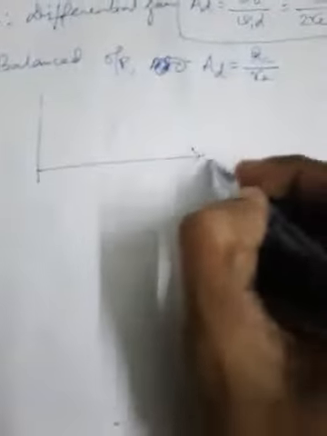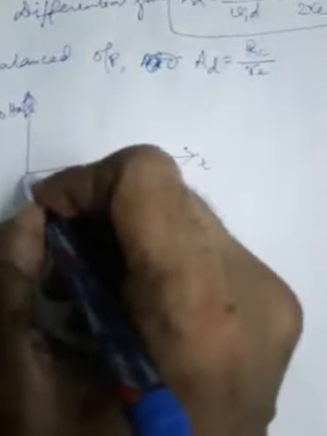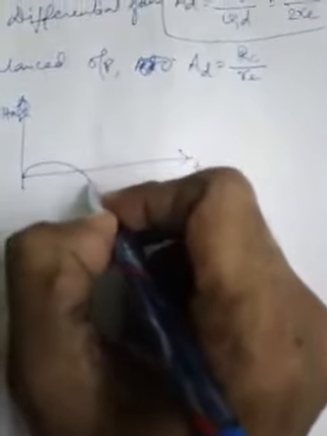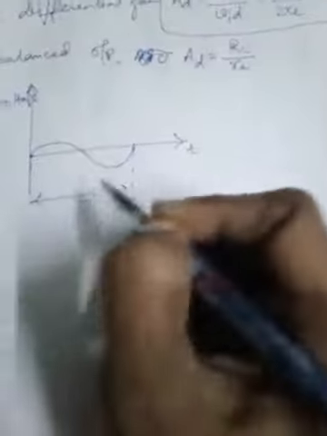The input and output waveforms of this configuration can be drawn like this. This is the time axis and this is the voltage axis. And if we draw the input waveform, it should be something like this, for one time period or one cycle of the waveform.